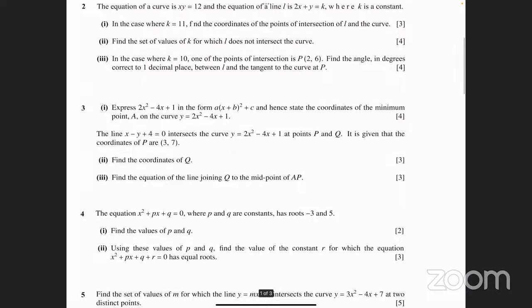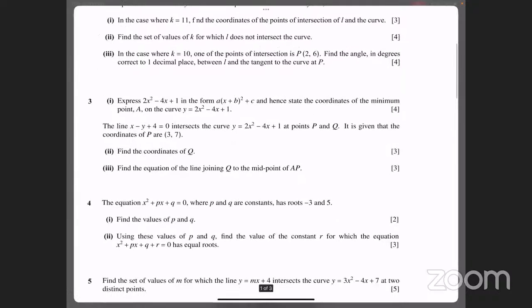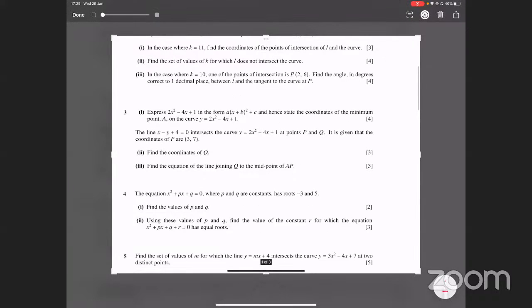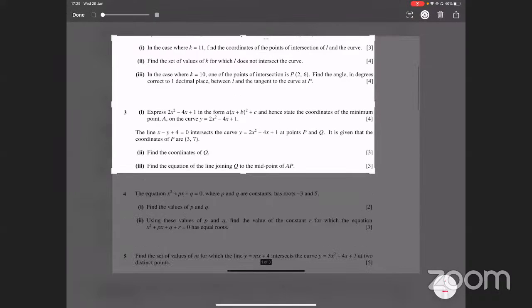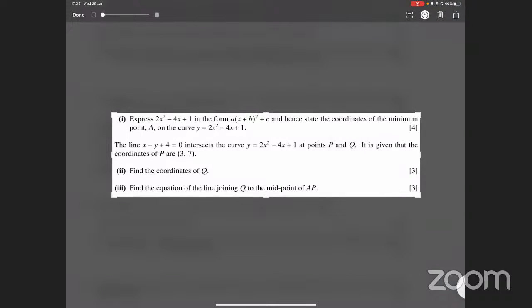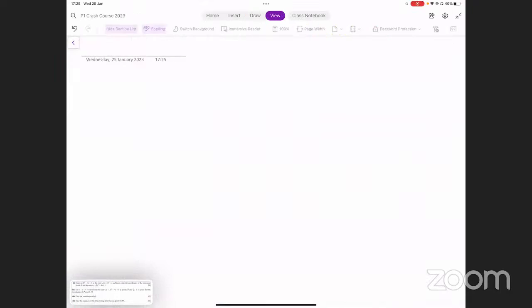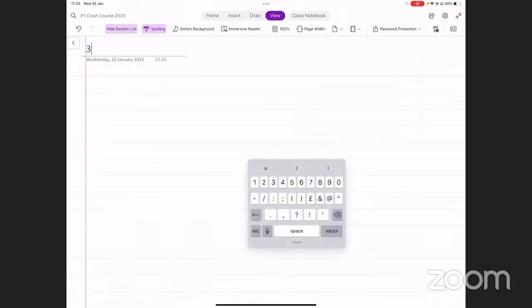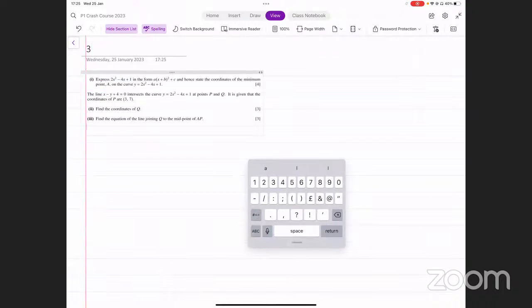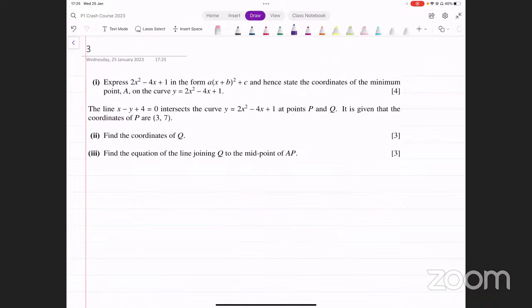Okay, let's do this. Question number 3. Let's have a look at this. All right, so this is question number 3 from the worksheet.